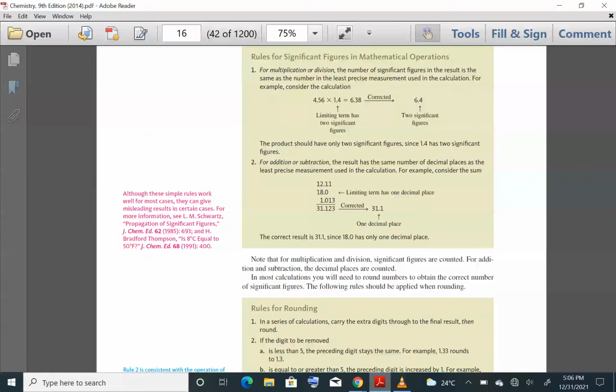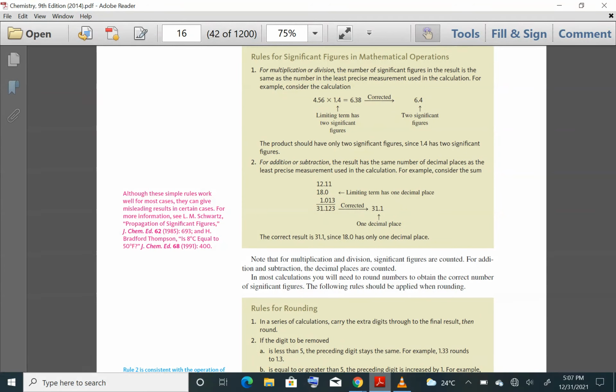Then for addition or subtraction, here the concept is a little bit different, so don't confuse the two. For multiplication or division, the number of significant figures in the result is the same as the number in the least precise measurement used in the calculation. That's for multiplication and division. Now for addition or subtraction, the result has the same number of decimal places as the least precise measurement used in the calculation.